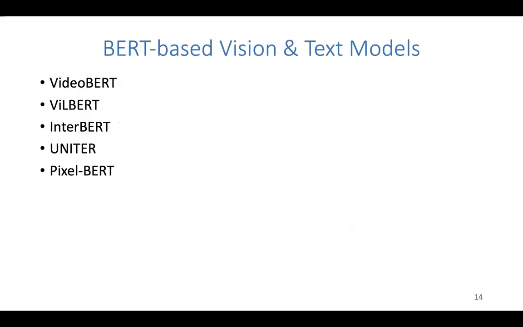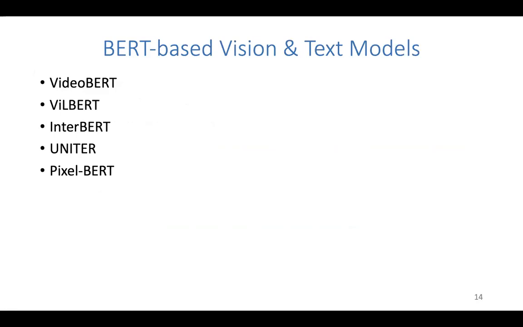There are a lot of BERT-based vision-text models from mid 2019 to late 2020. There's VideoBERT, ViLBERT, InterBERT, Uniter, Pixel BERT, and I forgot to mention, there's also Unified VLP.